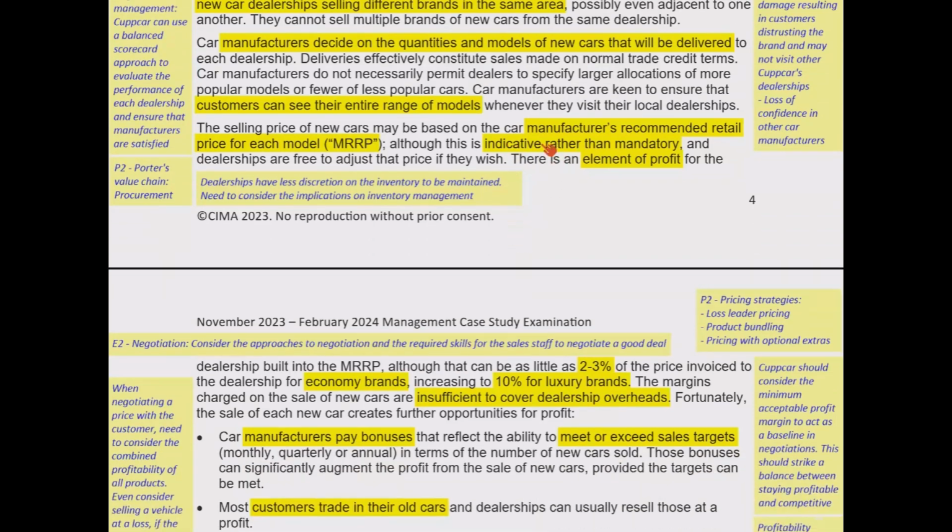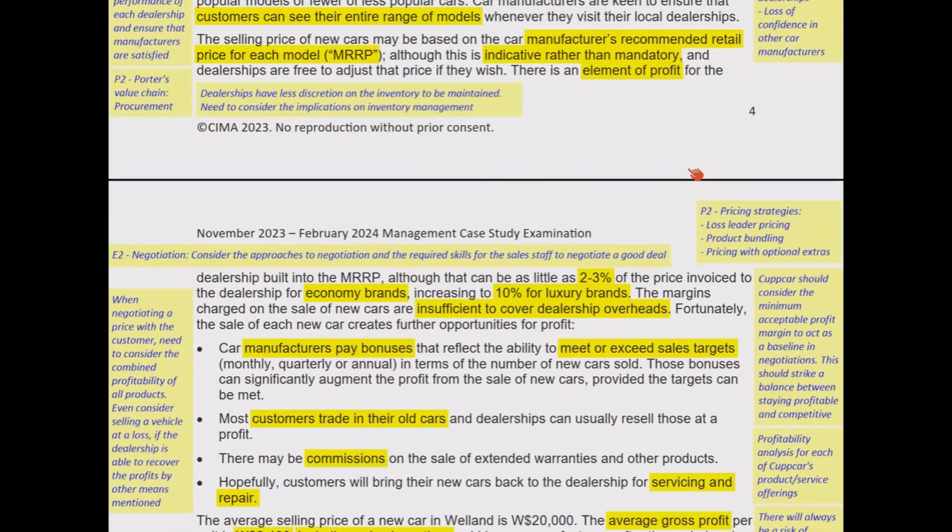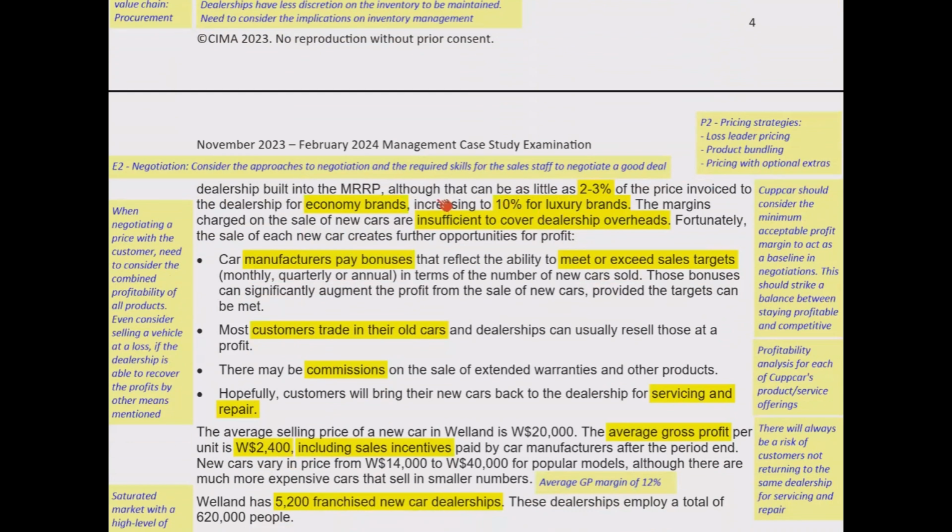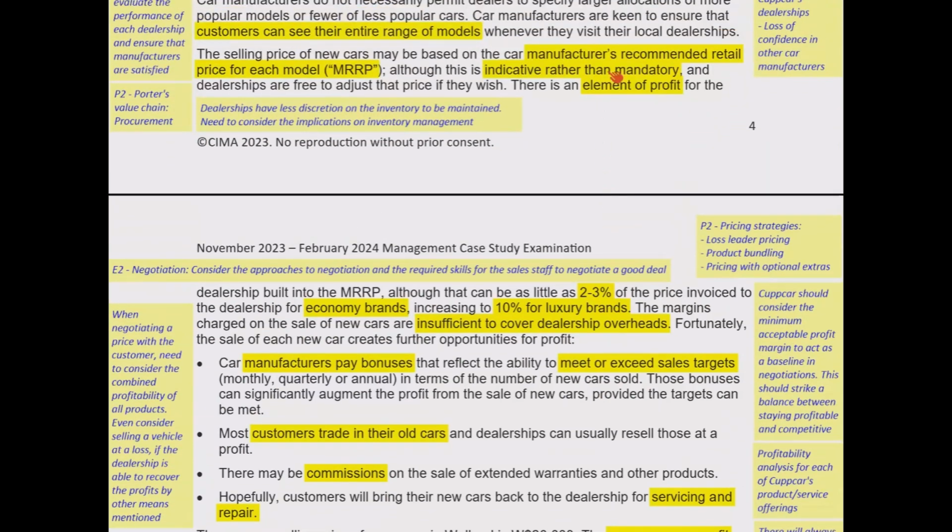Now, the recommended retail price includes an element of profit for the dealership. But if we just look down here, it's as little as 2 to 3% of that price that's invoiced to the dealership. So it's a very, very small element of profit that's built into that recommended retail price.